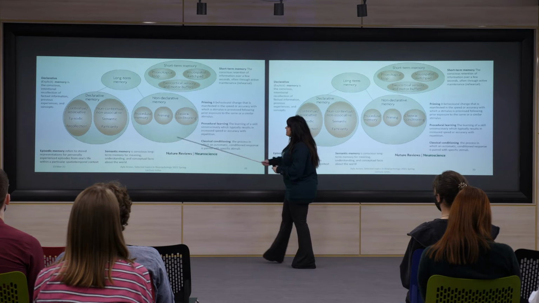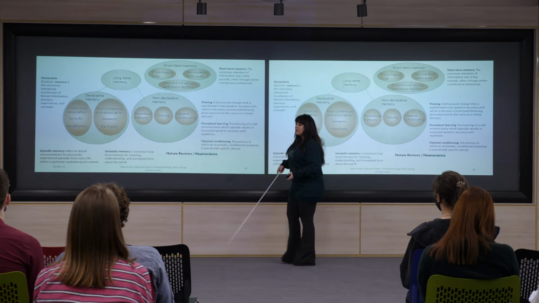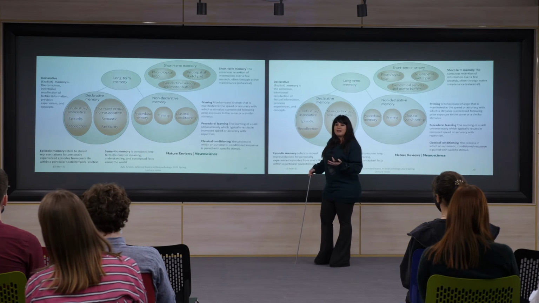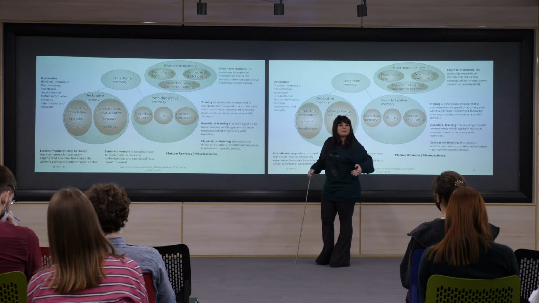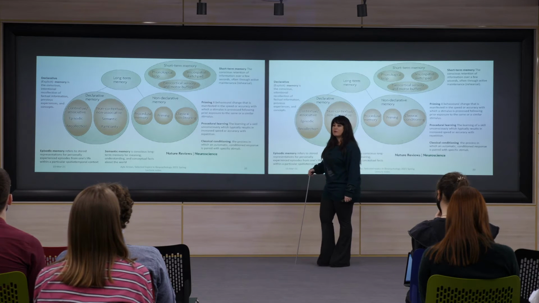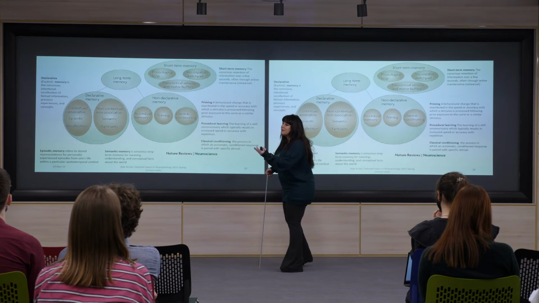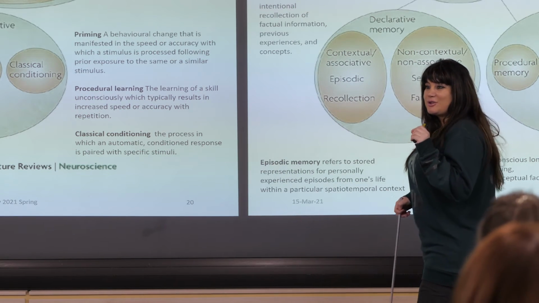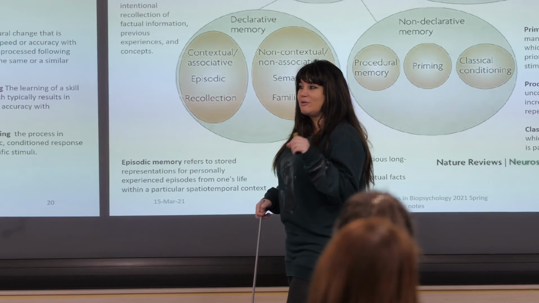On the other hand, semantic memory is general knowledge, general facts that are not really associated with a specific context. Just to give an example, think of a cat and a mouse. What would be the reaction of the cat to the mouse?